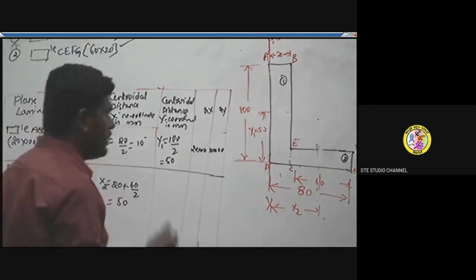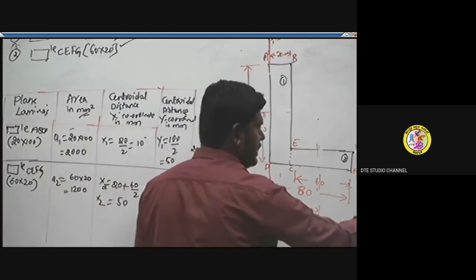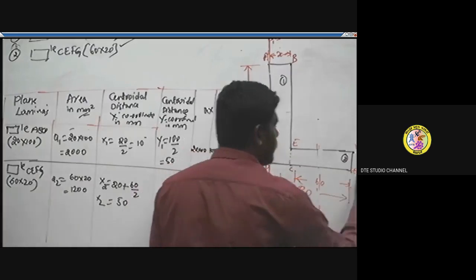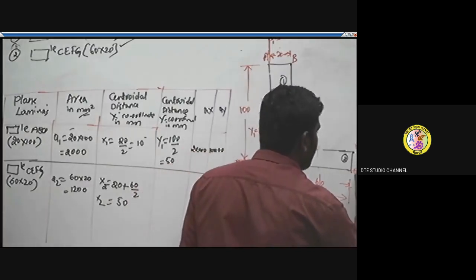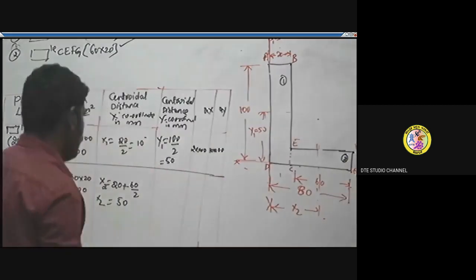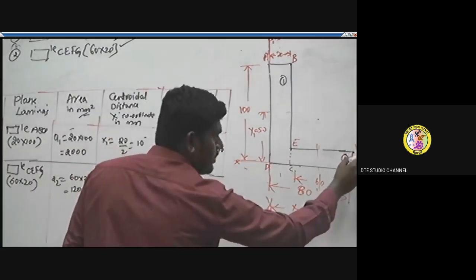Similarly, the y coordinate from the bottommost line of the L section, that is, with reference to the XX reference axis, will be equal to half of its breadth, that is y2. So from here to here, that is 20 by 2. The breadth of this rectangular lamina is 20.